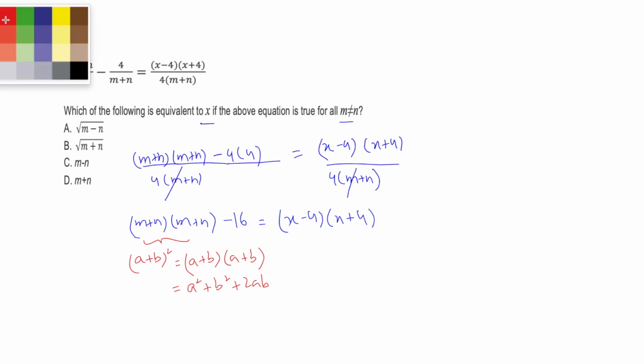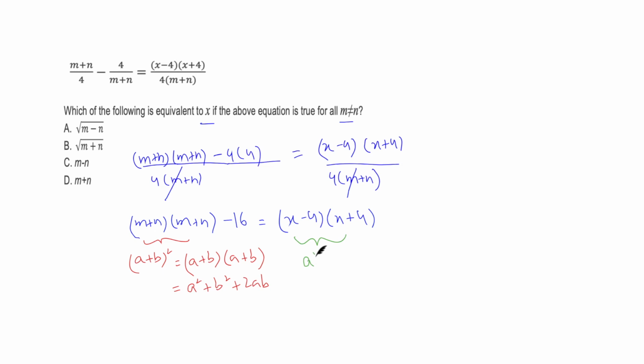And similarly, if you look at this expression, what is this? This is a squared minus b squared, which is (a plus b) into (a minus b). So our expression will look something like this. We have (m plus n) whole squared minus 16, and this is basically a squared minus b squared, which is x squared minus 16.